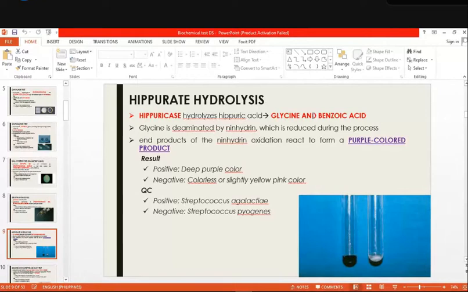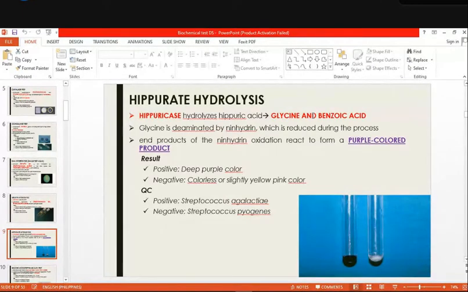So the test medium used here must only have hipurate as a protein source since ninhydrin reacts with any free amino acids present. So we have also the rapid hydrolysis test, which this is more specific. It detects also the benzoic acid byproduct and has been shown to be as sensitive and as specific still with this hipurate hydrolysis wherein our end product here is only glycine plus benzoic acid.